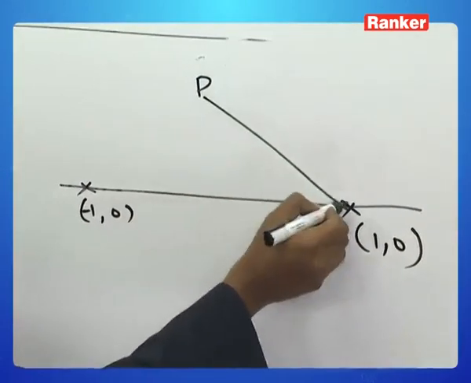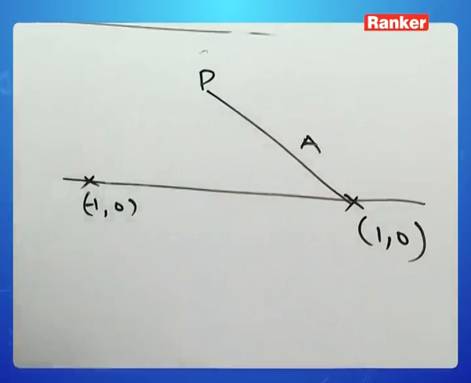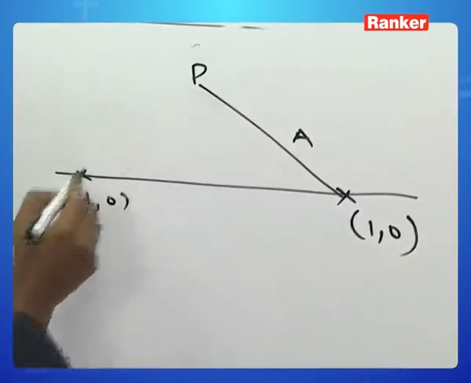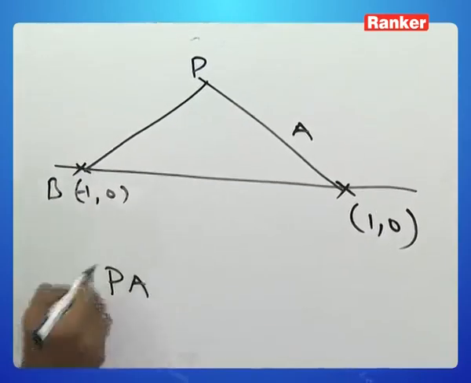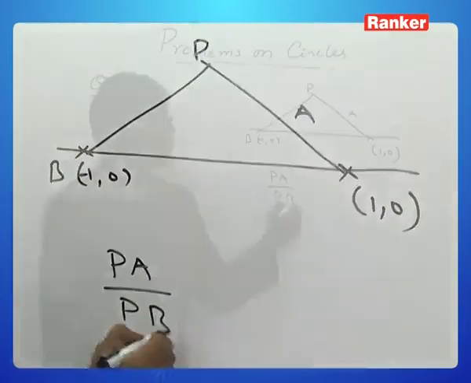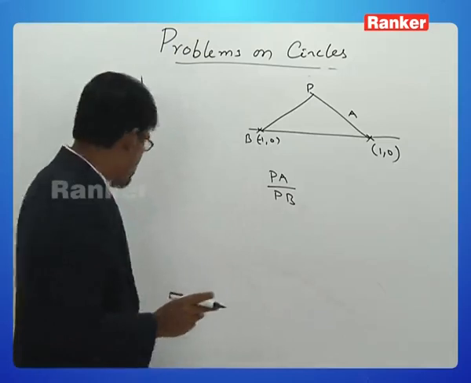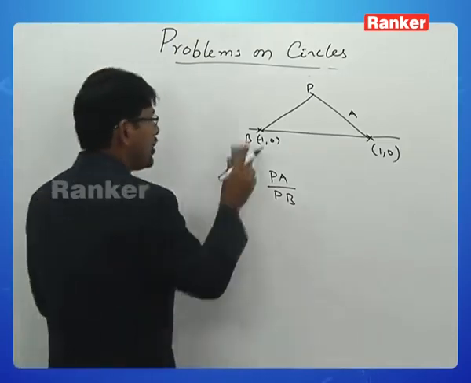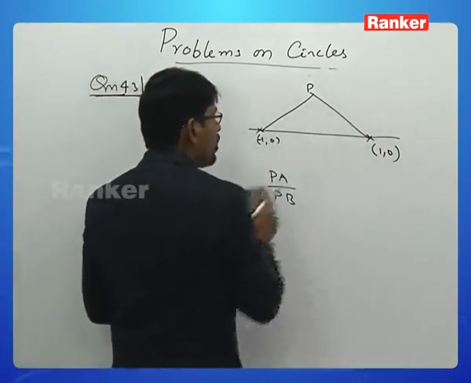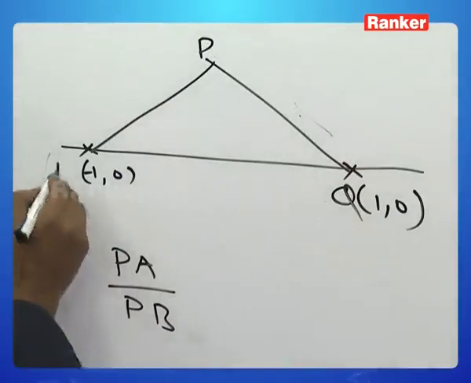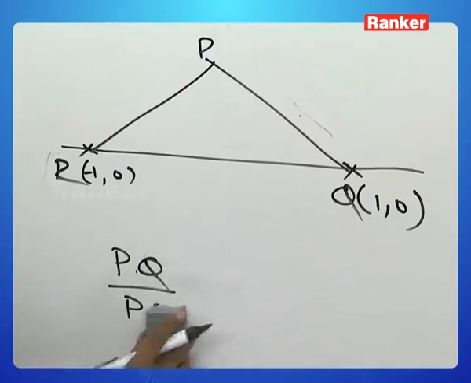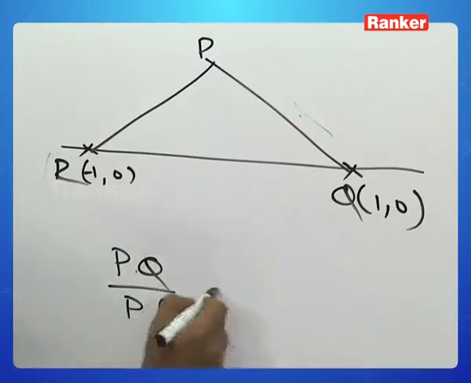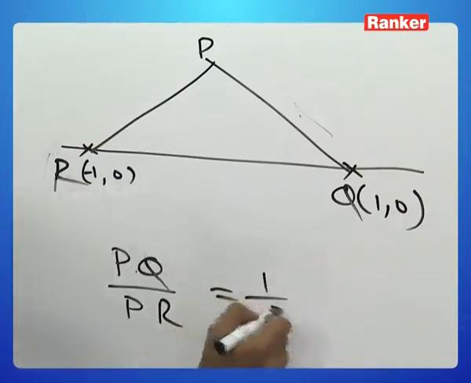Let's call these Q and R. PQ is to PR is 1:3. That's given.